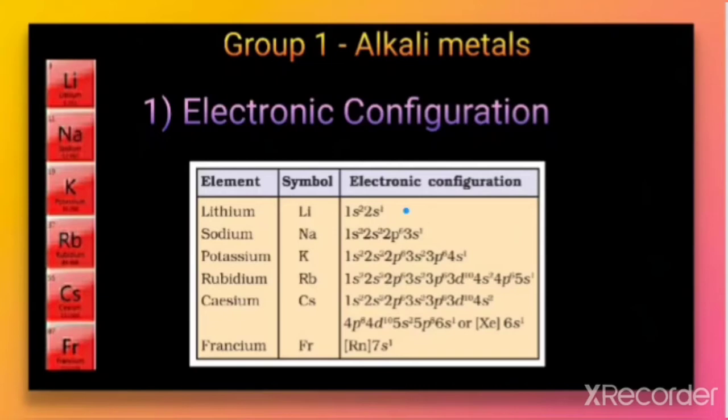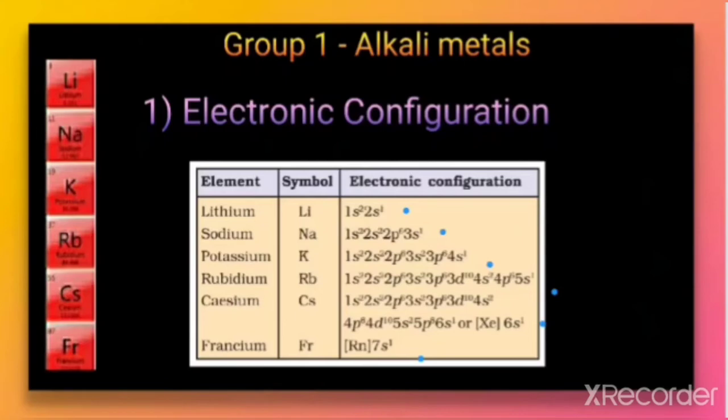In lithium the last electron is in 2s, in sodium it is in 3s, in potassium 4s, then 5s, 6s, 7s. That is why these elements belong to the s-block, because the outermost electron, the last electron, is in the s orbital of the outermost shell.